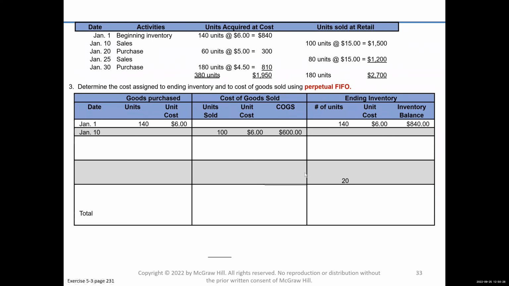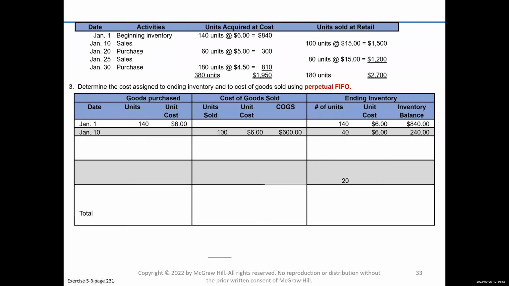Now, we had 140 units, but we used 100 of them. So what's going to be our new layer? Well, we only had 40 of them left, right? We had 140, we sold 100, we have 40 left, and of course, they're costed at $6. So now our ending inventory is only $240.